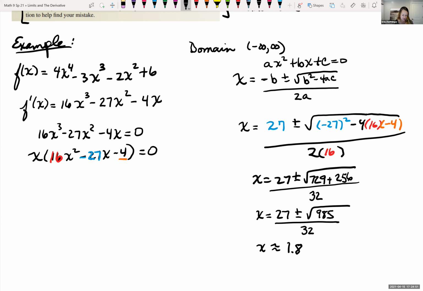And if we did 27 minus the square root of 985, took that whole result and then divided it by 32, we would get negative 0.1. Okay, so those are our critical numbers.